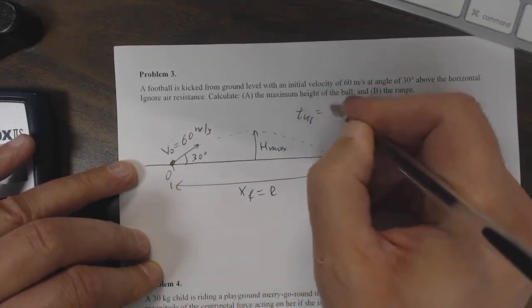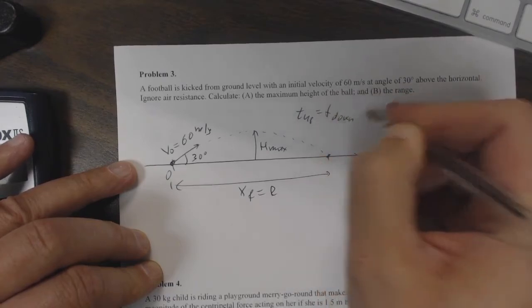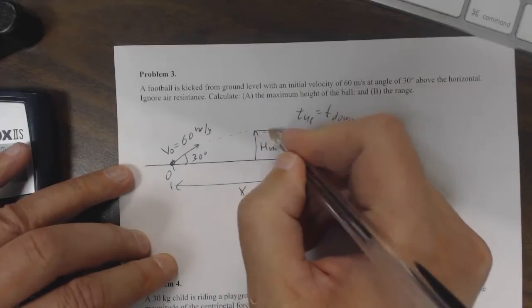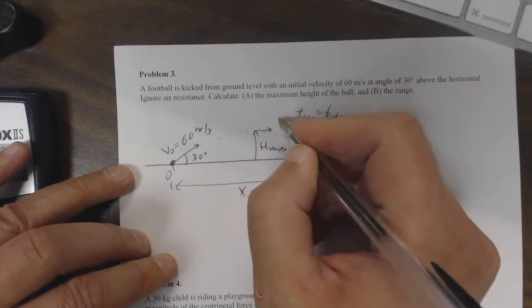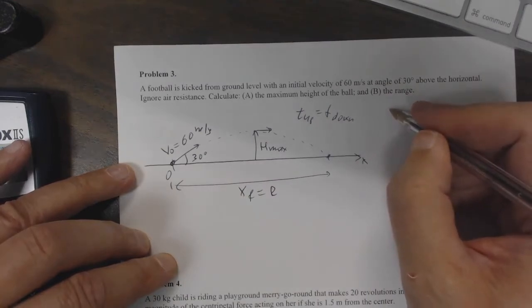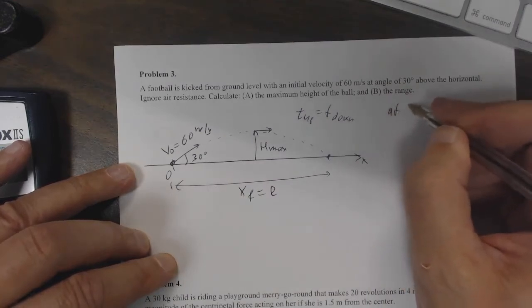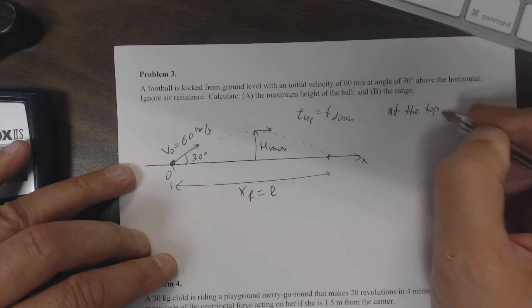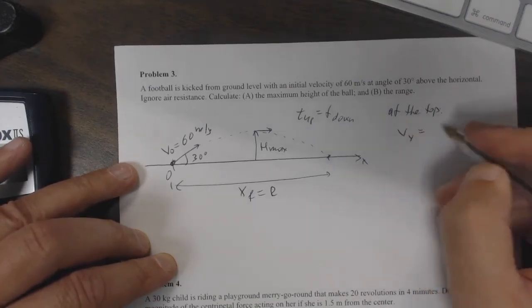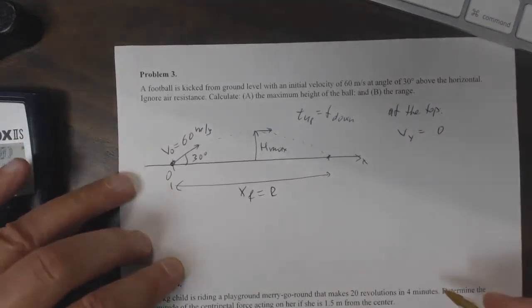T time up should be equal to time down. And right here at the top, velocity points to the right, which means at the top of the trajectory, the velocity should not have a vertical component.